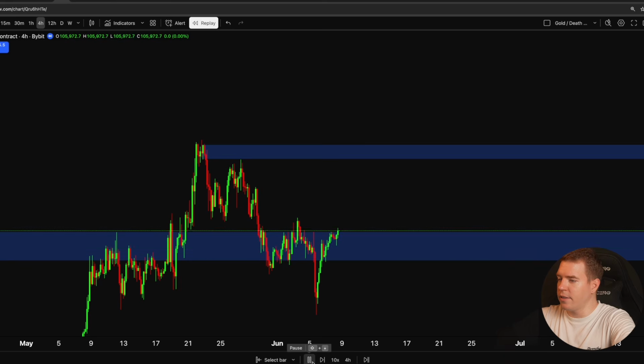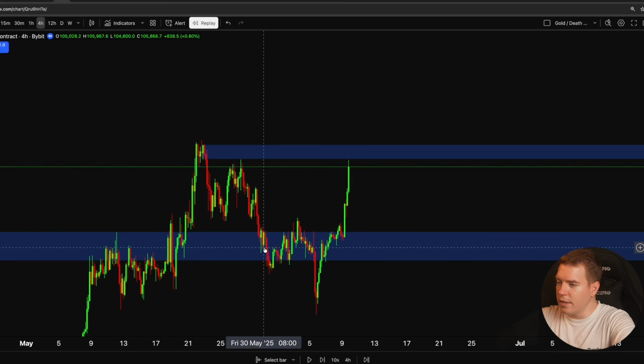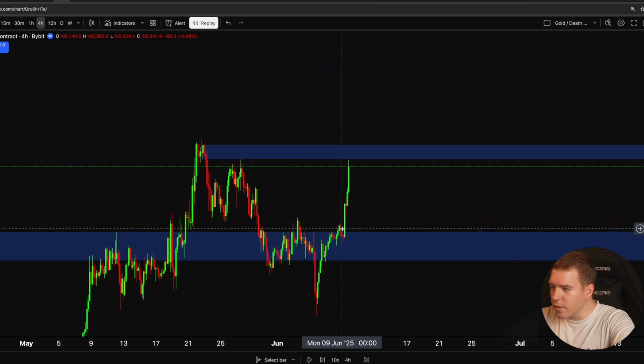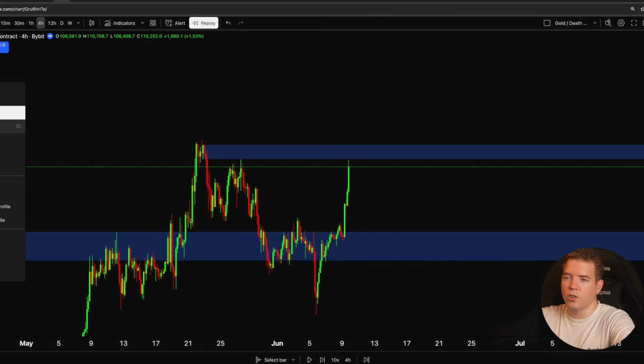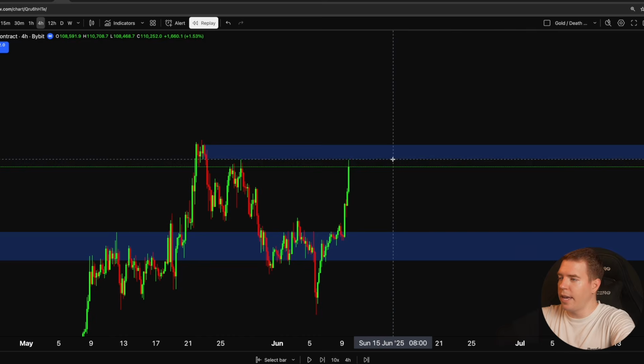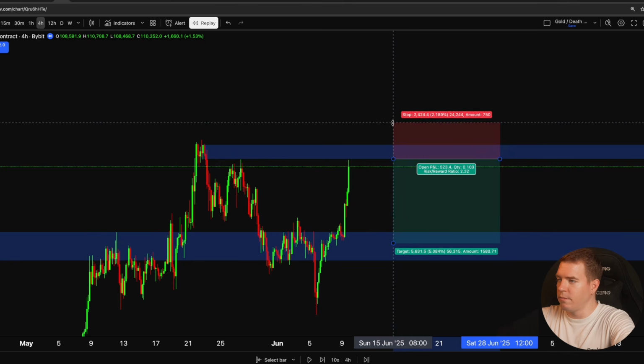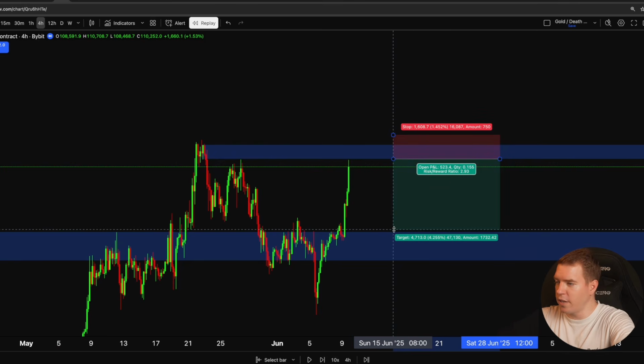No trade yet. Let's see. No. But we could have targeted supply with our short. But again, remember, we need 2 to 3 touch points before we can actually enter a trade.